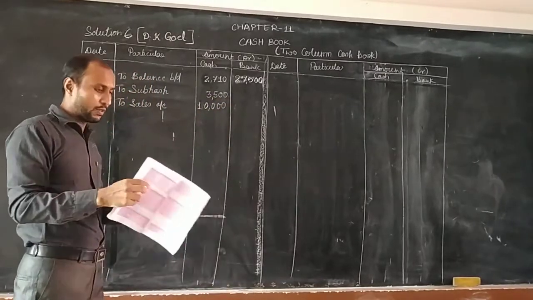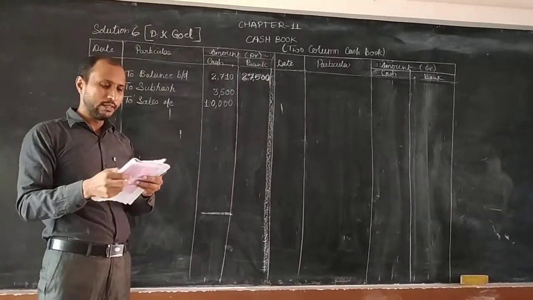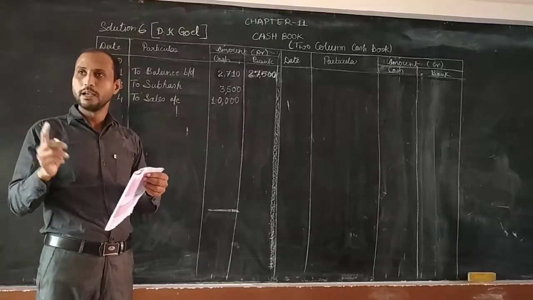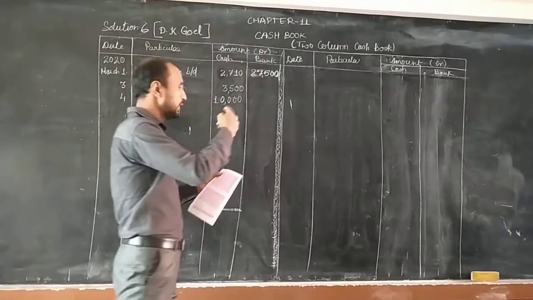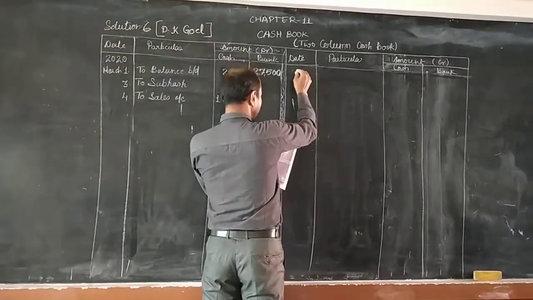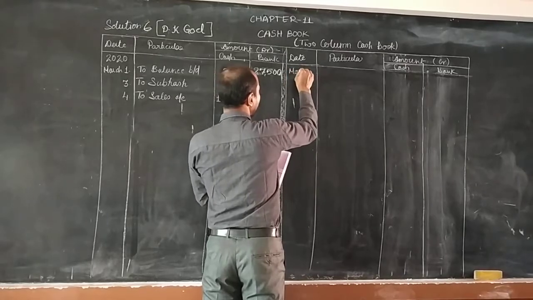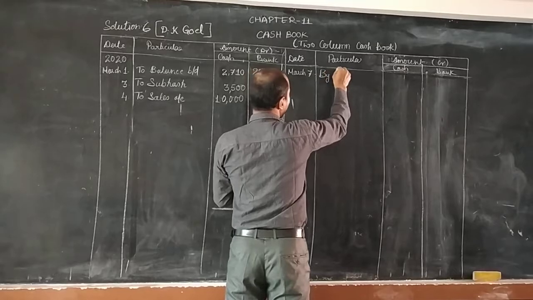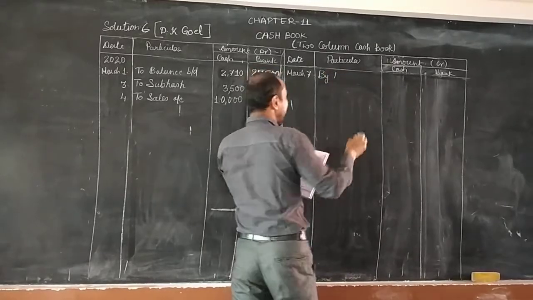Now the next entry: paid rent by check. It is written by check and paid, so we will go to the payment column. Here this date is March 7, and it is By Rent.